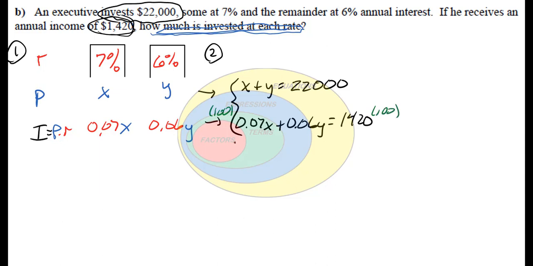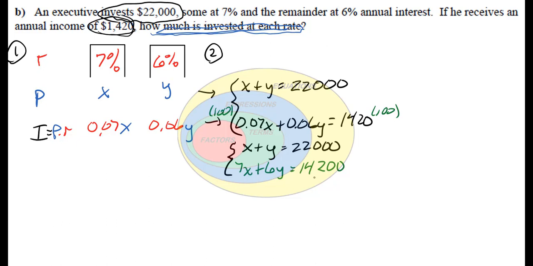So I'm going to try and do this a little smaller, but the top equation is X plus Y equals 22,000. The bottom equation then becomes 7X plus 6Y equals 1420 times 100, which is 14,200. Right, so now my decimals are gone.